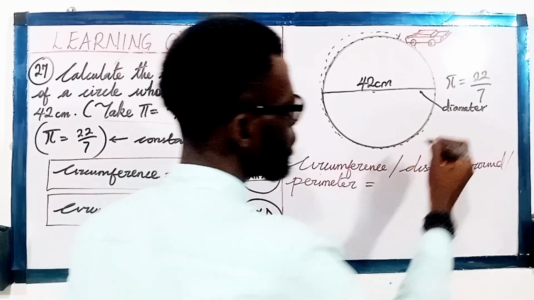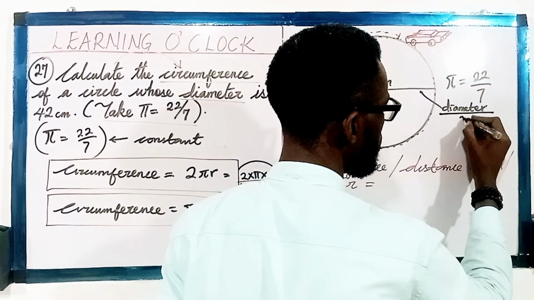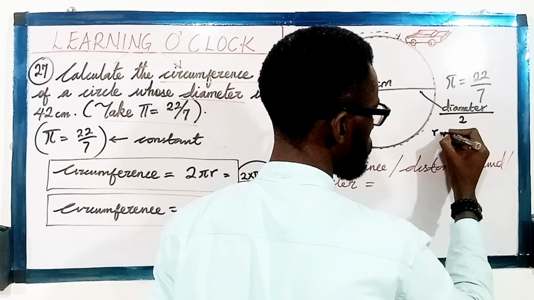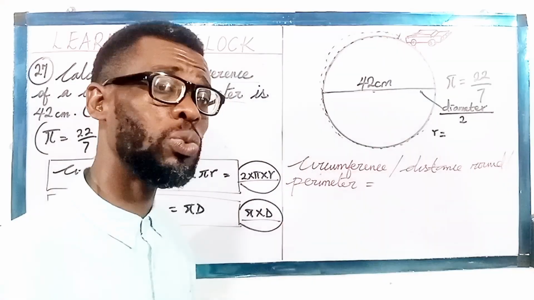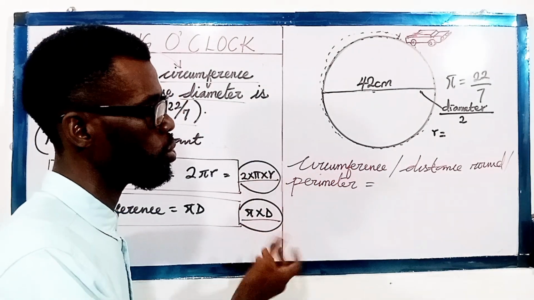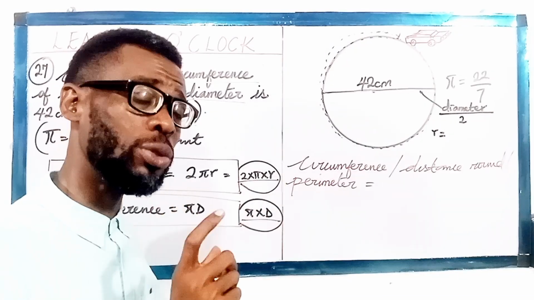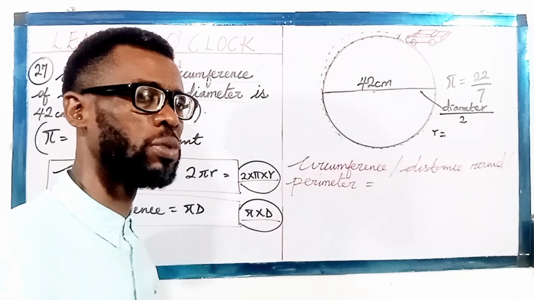But a radius is simply dividing the diameter into two equal parts. So that's the radius. Whichever formula you want to use to solve this problem, you can choose, but just make sure you get the right value for each part of the circle.